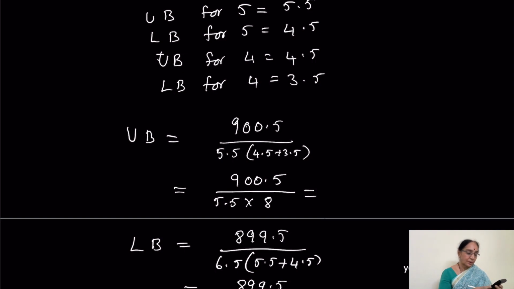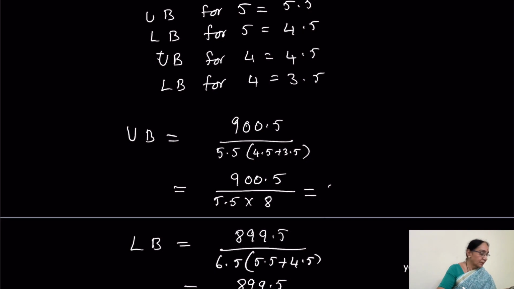And when I do this on the calculator, what should I remember? I first type in 900.5, the upper bound, divided by open parentheses 5.5 times 8, close parentheses, and the answer is 20.466, so I'll just keep it as 20.47.